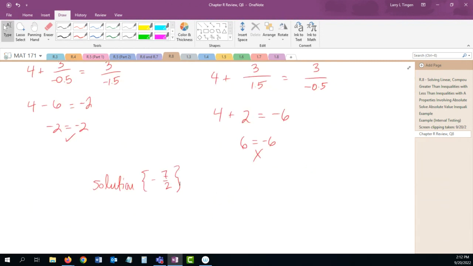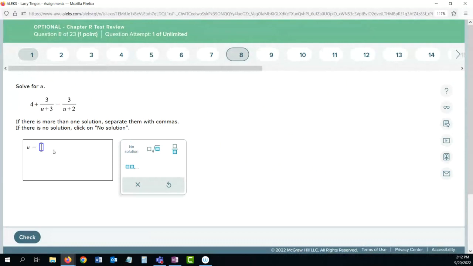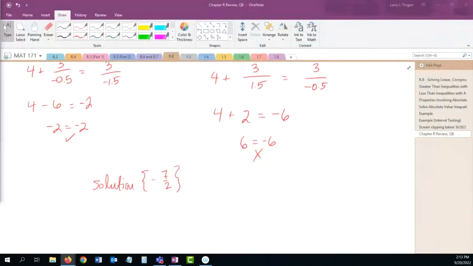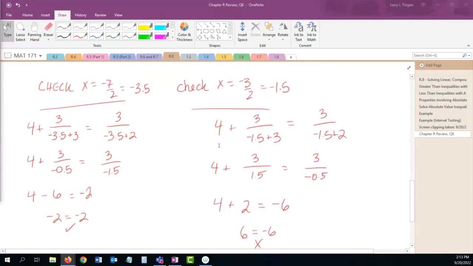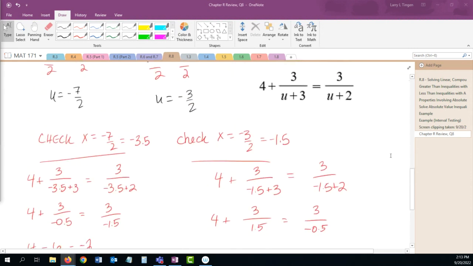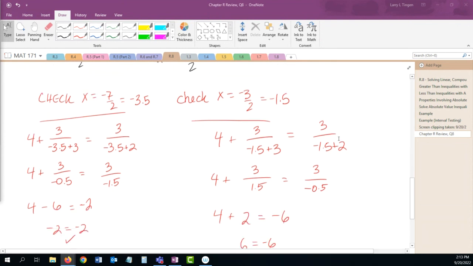And let's check my work. What's the point? We make sure we're right. Let's see if it's in there. I get -7/2, 3, 2. It's saying, oh, no. Oh, right there.